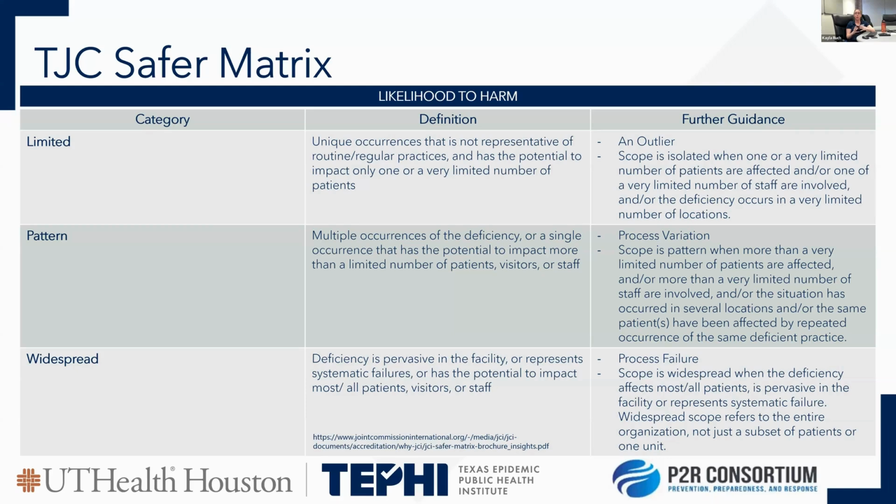So if it's a more widespread citation, that might have them put it at a higher risk level, compared to if it's limited and it's a little bit higher harm, they might not put as much pressure on it. So it's kind of looking at the matrix, looking at the potential of risk. And then when you're talking with your C-suite about this, you always need to be using risk. That is what this looks at, a measure of risk.